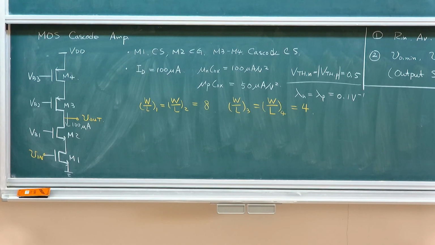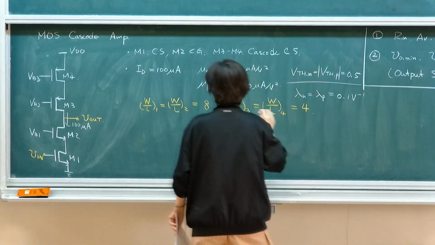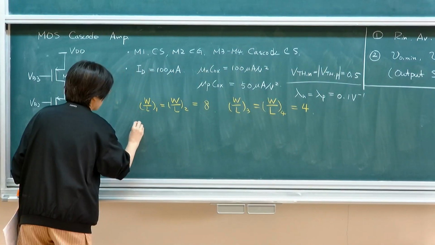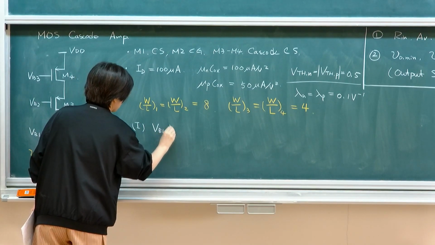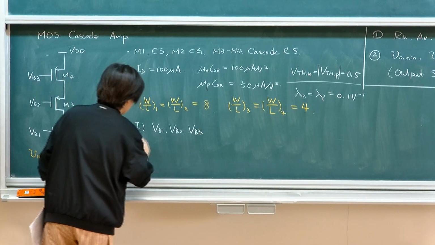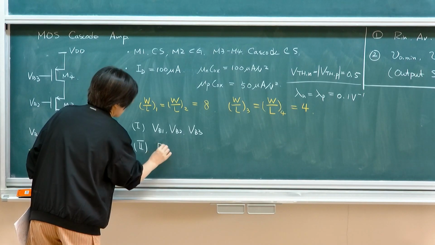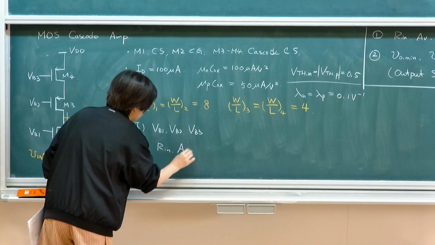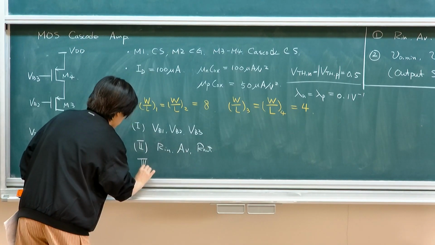So what you're supposed to determine, the questions are, you need to answer these and the output swing. But before we do that, you need to, of course, find VB1. And then the second part is to find its voltage gain. And lastly is the output swing.